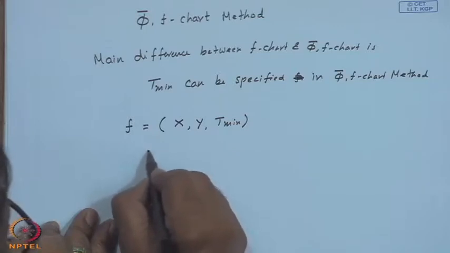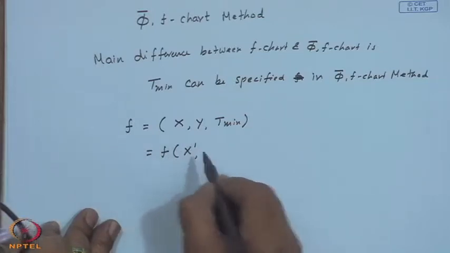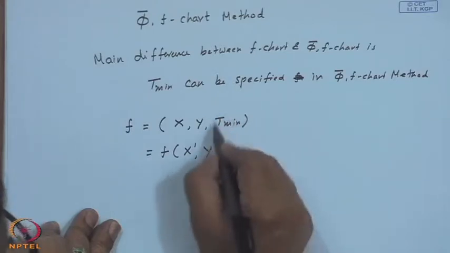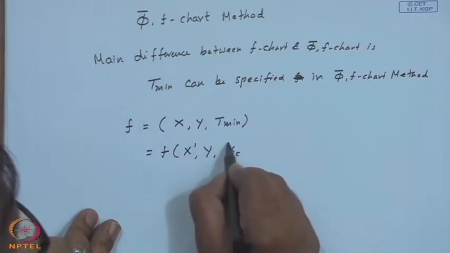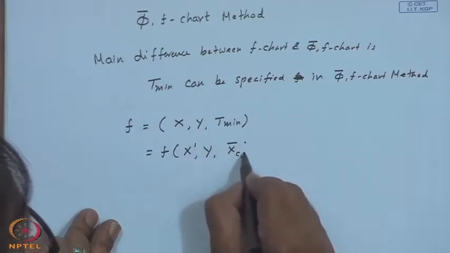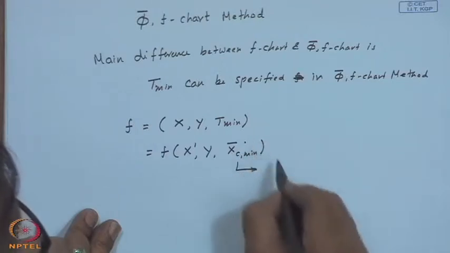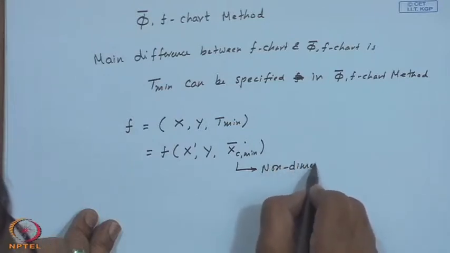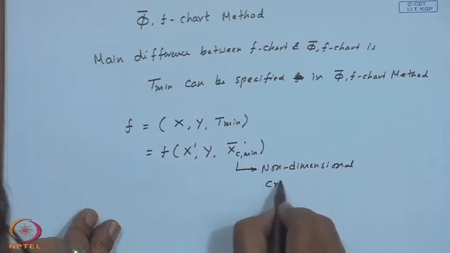So, this is slightly modified and it is related to some x dash, a modified x, and the same y, and this will give rise to what is called an x c bar minimum, which is, I will say, a non-dimensional critical level.